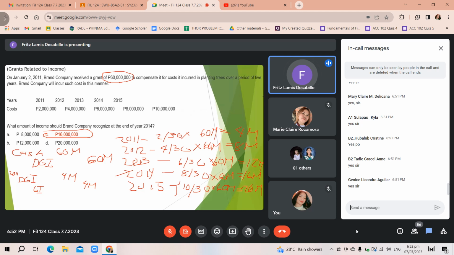Okay, let me ask you guys. Another time to think. What do you think is the balance of the deferred grant income by the end of 2014? Pila ang balance sa deferred grant income at the end of 2014?